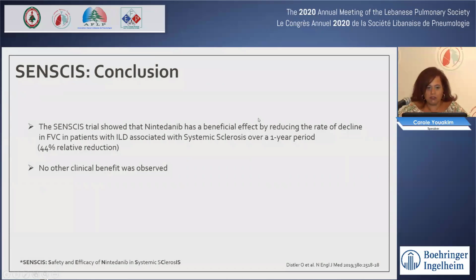So in conclusion for the SENSCIS trial, nintedanib was associated with a reduction in the rate of decline in FVC when compared with placebo over a 1-year period, 44% relative reduction, and no other clinical benefit was observed.